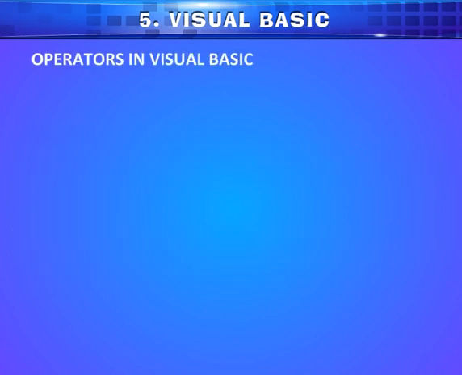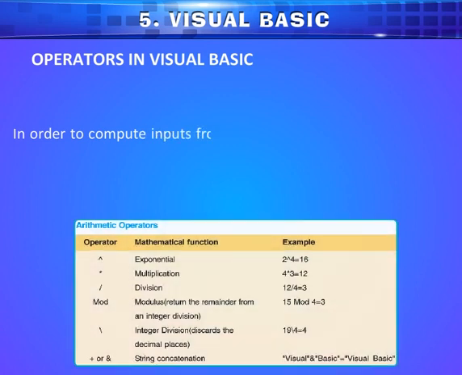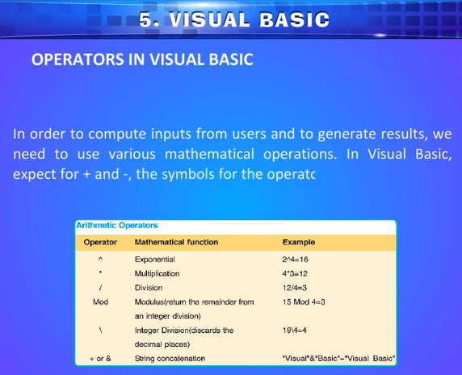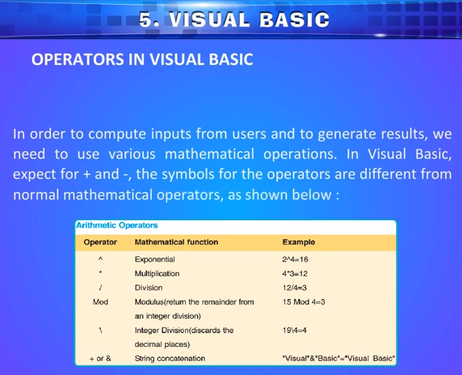Operators in Visual Basic. In order to compute inputs from the users and to generate results, we need to use various mathematical operations. In Visual Basic, except for plus and minus, the symbols for the operators are different from normal mathematical operators, as shown below.